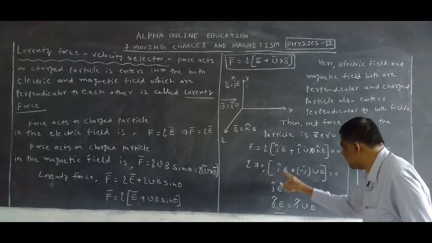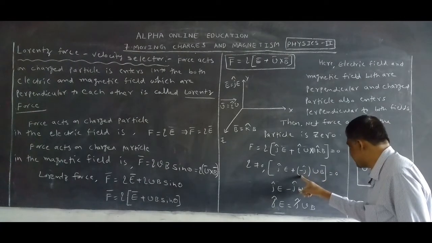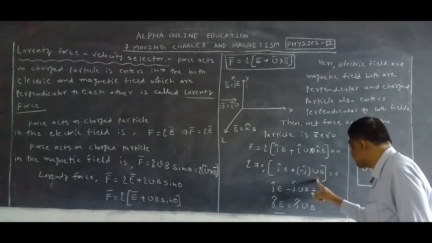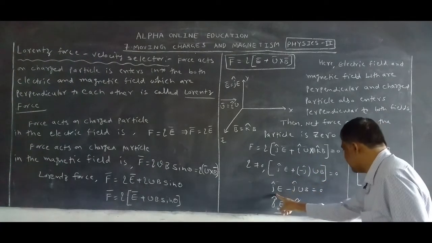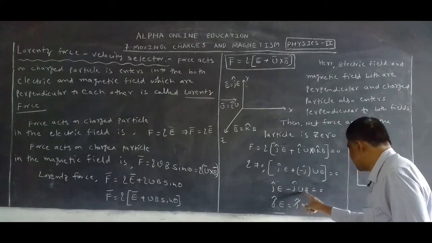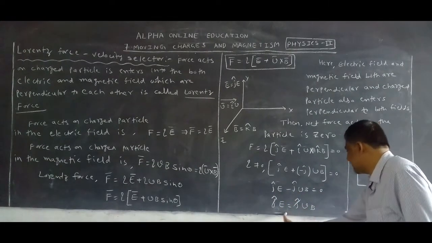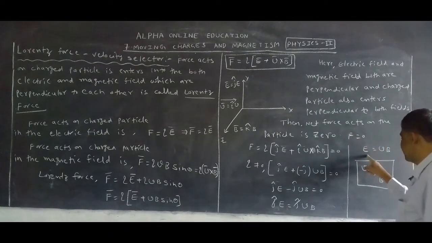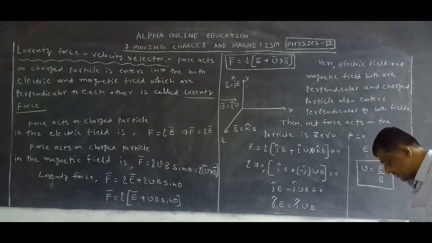That's why j cap E + (i cross k) VB gives j cap E minus j cap VB. Take it to this side and cancel j cap. We will get E = VB, so V = E by B.